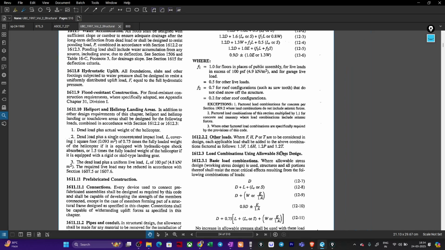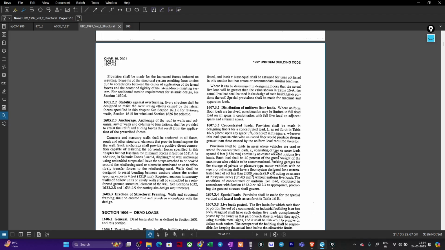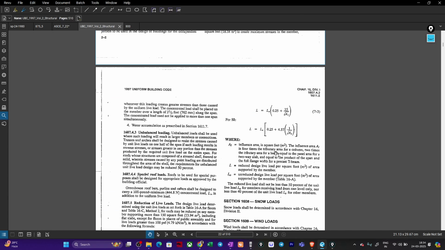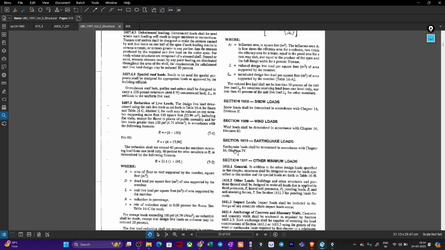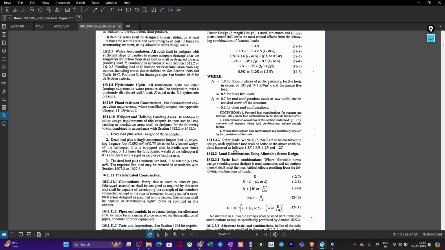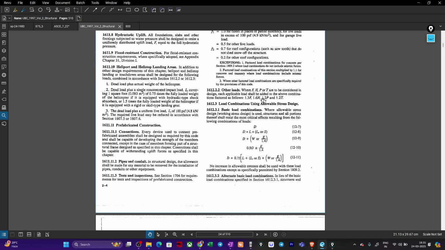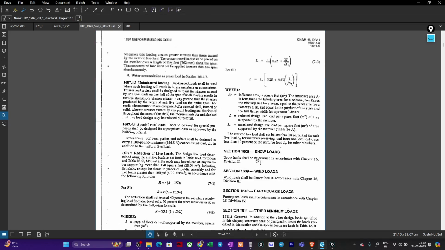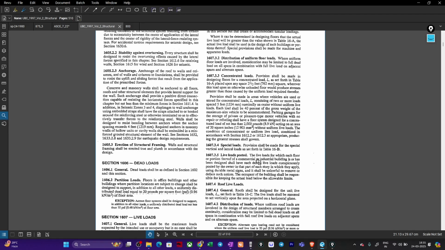You can directly read from the section where we have this mention of the loads, right? Let me see if I can show you anywhere. This T is nothing but the temperature load or self-straining load. I think it is mentioned somewhere. Let me see, this is page number 23, correct? If I see loads, it should be here.